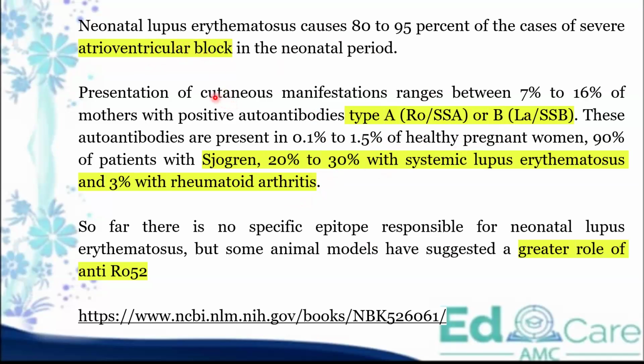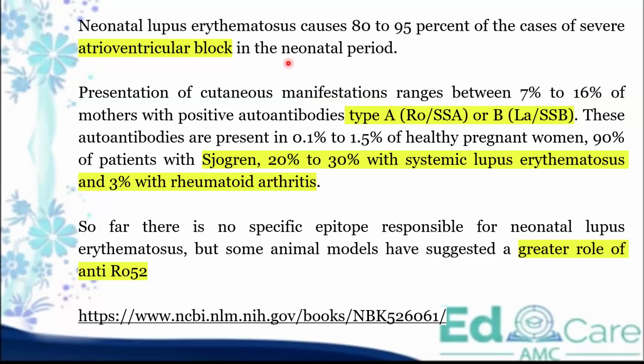And the other thing is they can have neonatal lupus, that is cutaneous manifestations in the neonatal period. This is because the mother's antibodies are acting on the child. So one is cutaneous or neonatal lupus, the other one is congenital heart block.